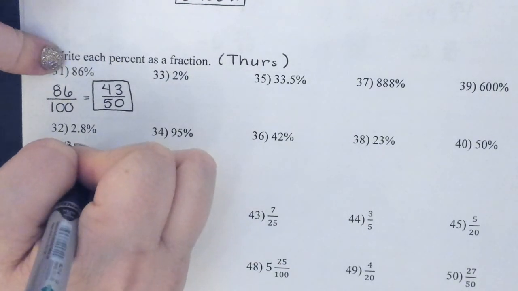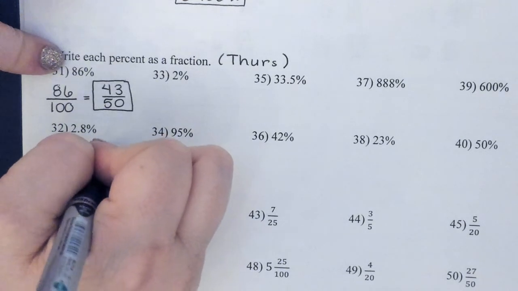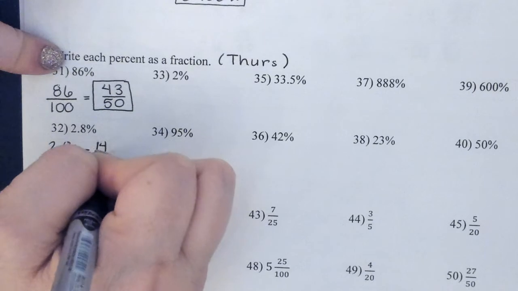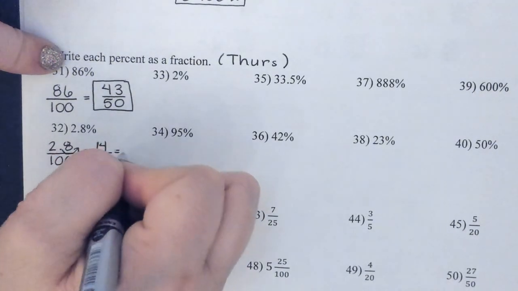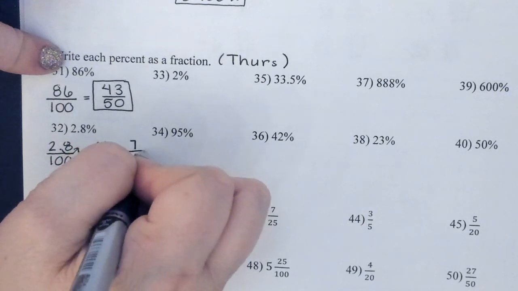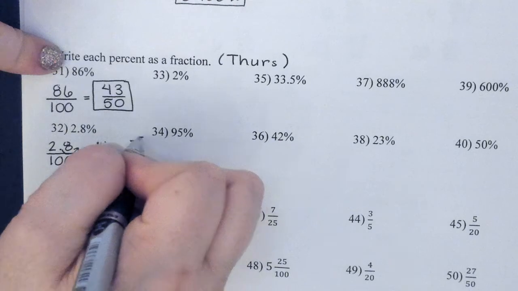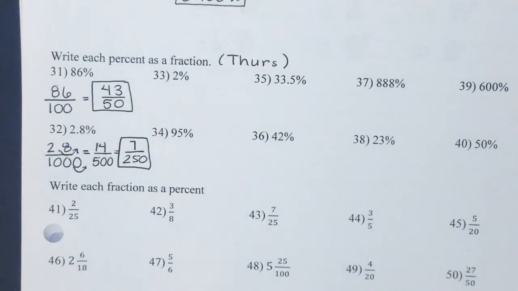Yeah, what can I divide them by? 2. So 28 divided by 2 is 14 over 500. Can I simplify that some more? Yeah, we can divide by 2 again. 14 divided by 2 is 7. And 500 divided by 2? 250. So that one is as far as we can go. That's my answer there.